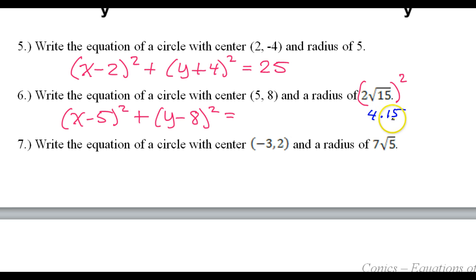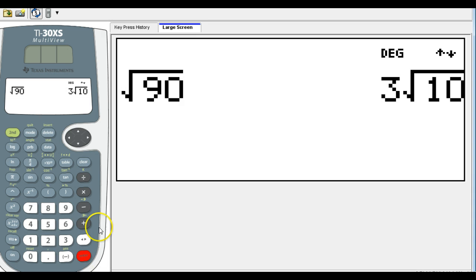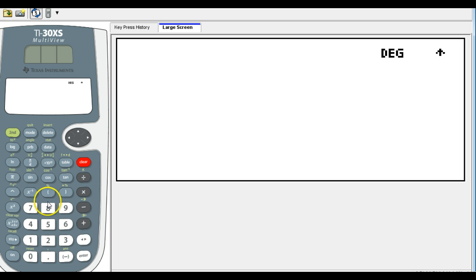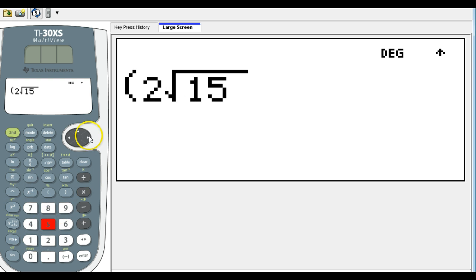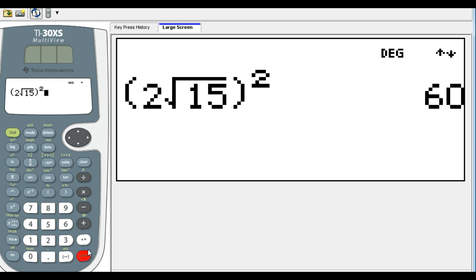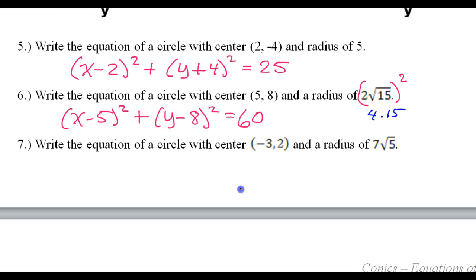So 4 times 15 is 60. Alright, so this is going to be 60. Now, if you have your TI-30XS MultiView, you could just do 2 radical 15 and square it. Alright? Either way.